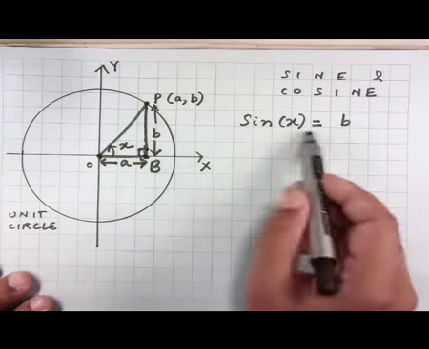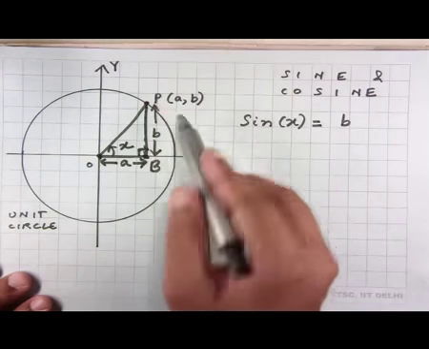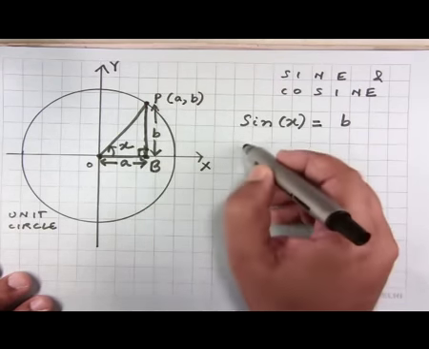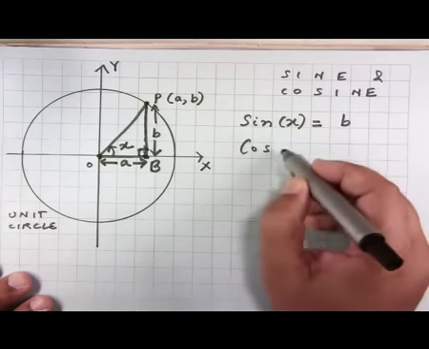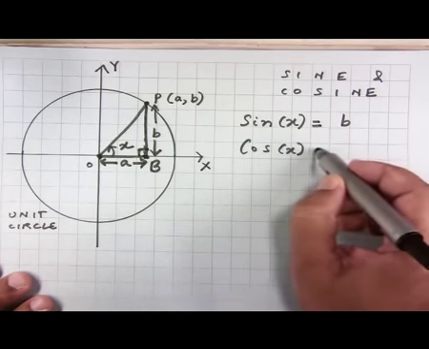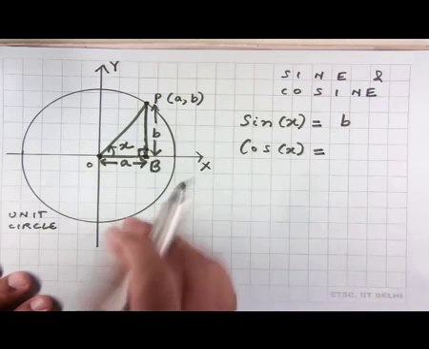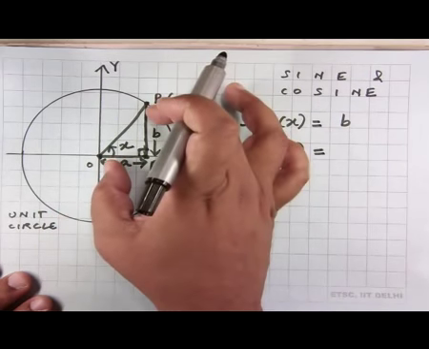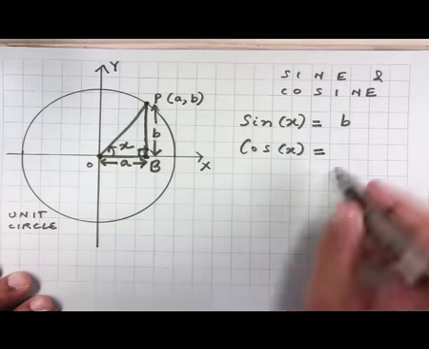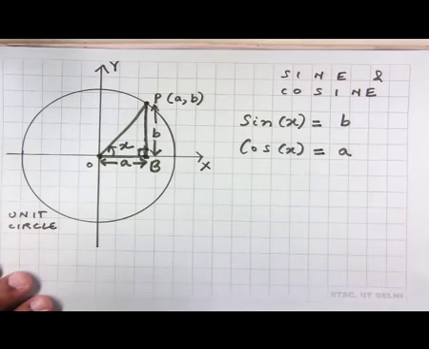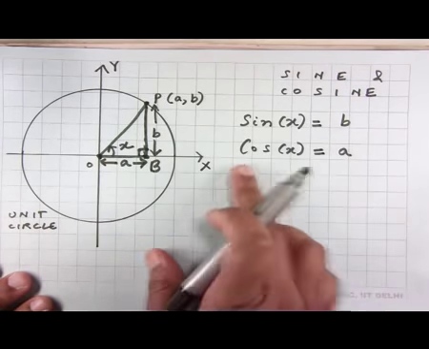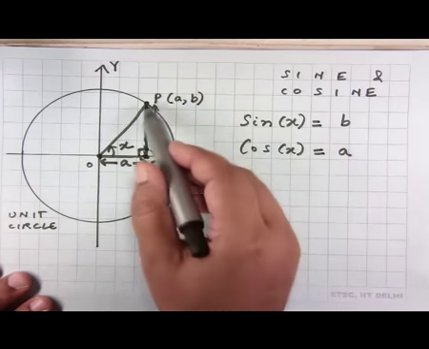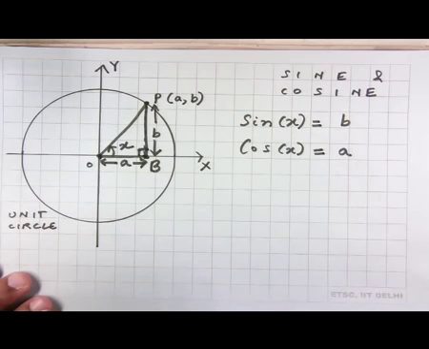So, sin of x is simply equal to the y coordinate of this point P, and similarly cosine of x will be equal to A by the hypotenuse, which is again of unit length. So, it is simply A. So, cosine of x is simply equal to the x coordinate of this point, which is A.